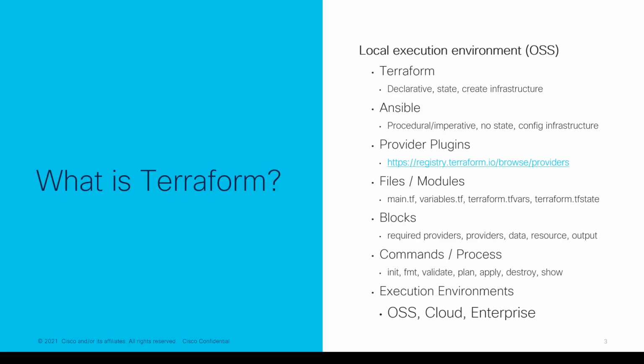Now, a lot of people confuse Terraform and Ansible, or how they're different, how they're the same. They're both tools related to infrastructure as code, but they're typically used for different things and they operate in different ways. Terraform uses a declarative syntax, which means you don't specify one command at a time. You specify an end state that you're trying to reach.